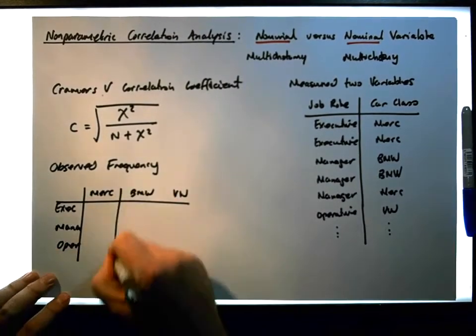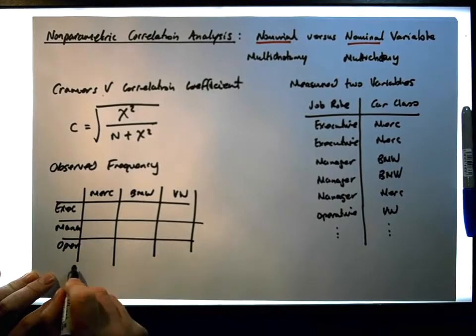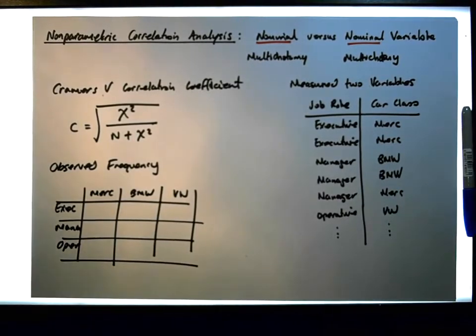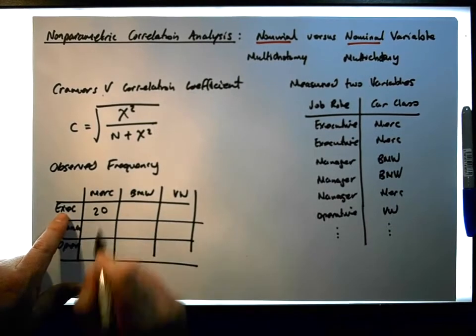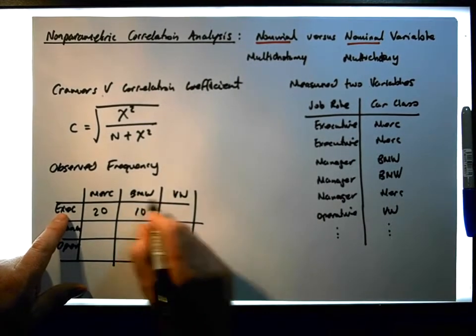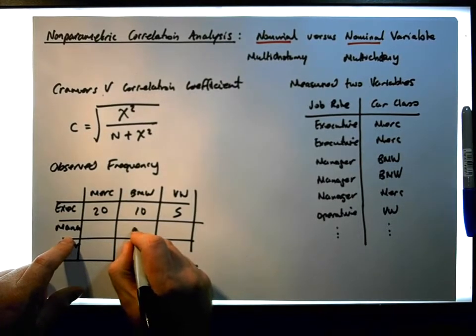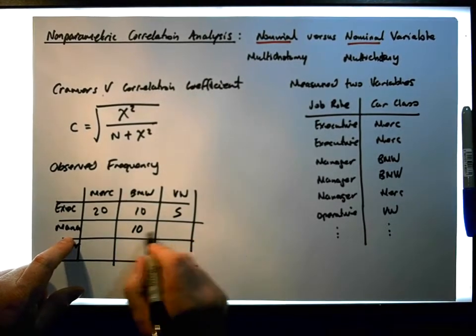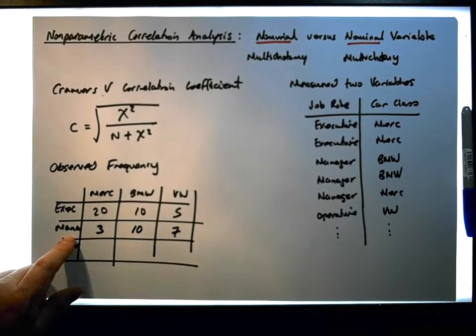We're going to fill this observed frequency table with frequencies. Let's say we had 20 executives driving Mercs, 10 driving BMWs, and 5 driving Volkswagens. Let's say we had 10 managers: 7 driving Volkswagens and 3 driving Mercedes.